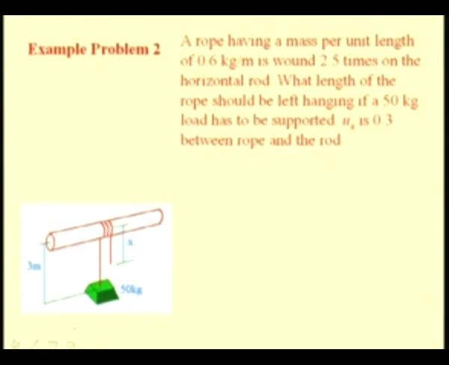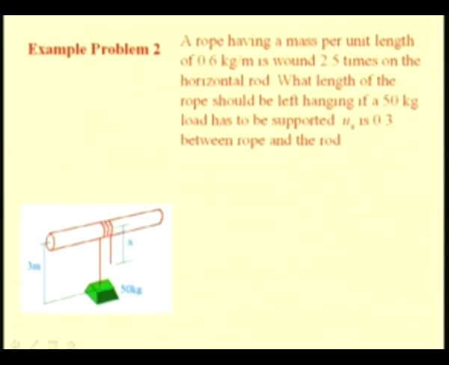Let us take one example. Here you see a rope having a mass per unit length of 0.6 kg per meter and is wound 2.5 times on the horizontal rod. So, this rope has a self weight of 0.6 kg per meter, and one side of the rope is connected to the 50 kg load and the other side it is loosely hanging.